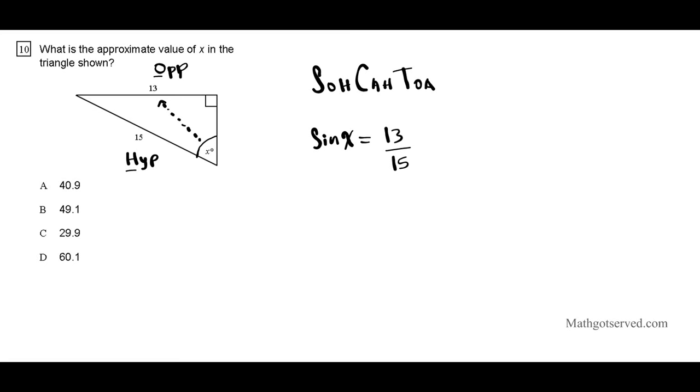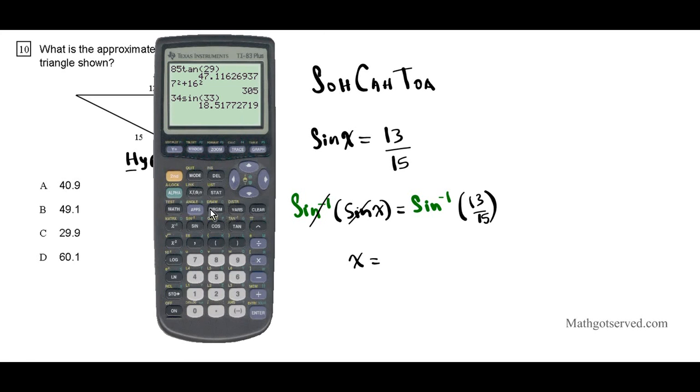To isolate x, we have to take the inverse sine of both sides. So the inverse sine of sine x equals the inverse sine of 13 over 15. Okay? All right, so this cancels out. So we have x equals the inverse sine of 13 over 15. Let's plug that into a calculator and see what we get.